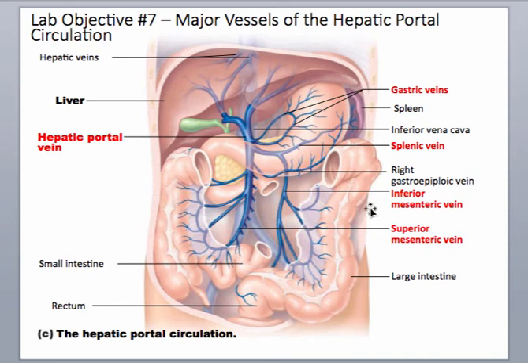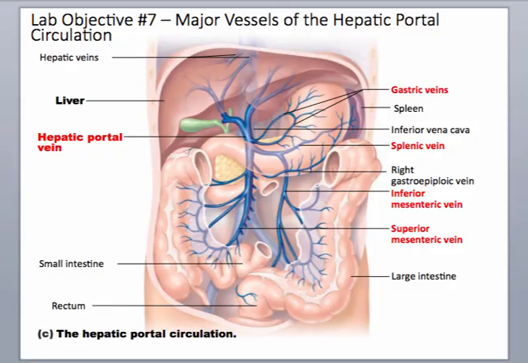So the blood that is draining from the spleen is in the splenic vein, the gastric veins drain the stomach, and then the inferior and superior mesenteric veins drain the intestines. And all of those are going to drain onto this big vein here called the hepatic portal vein. And the hepatic portal vein goes into the liver.